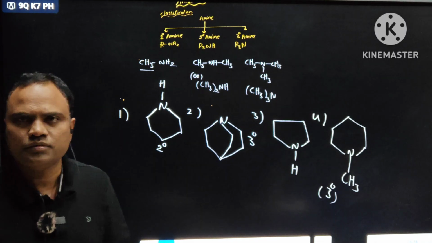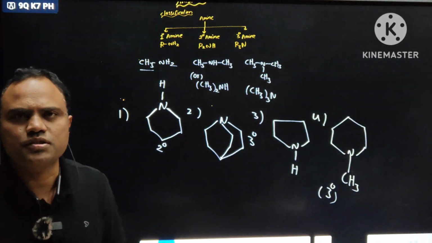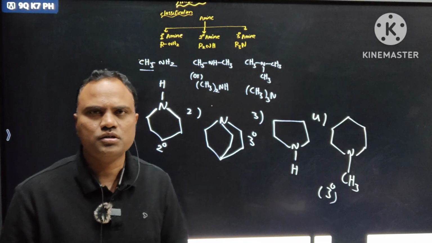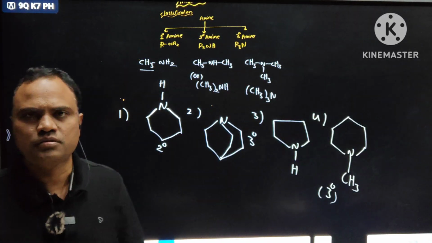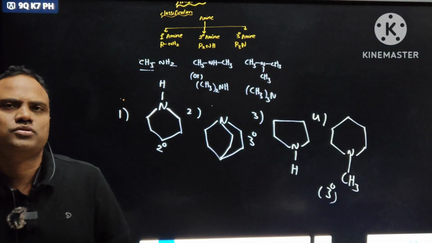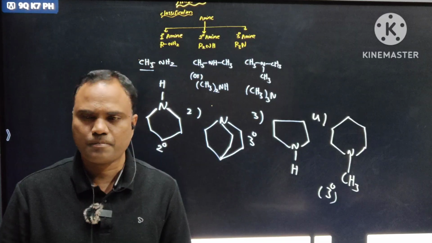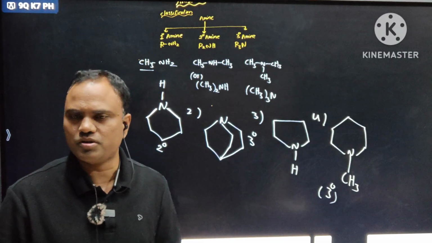Clear? All of you? Classification of amine is over. Online students, okay. Shall I clear this? Those who are not perfect in the nomenclature from first year, here you can cover amines nomenclature.